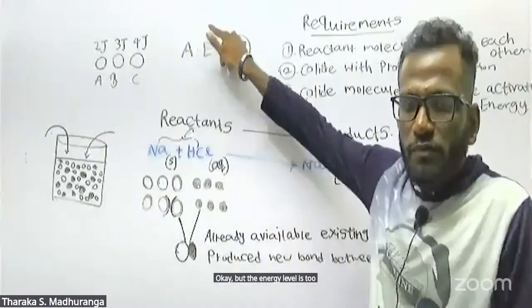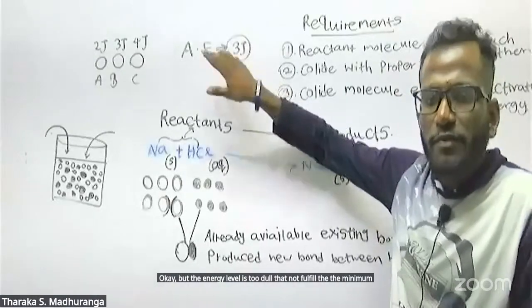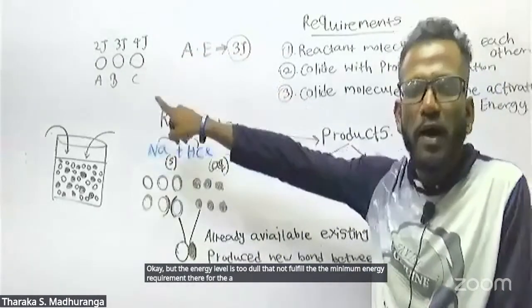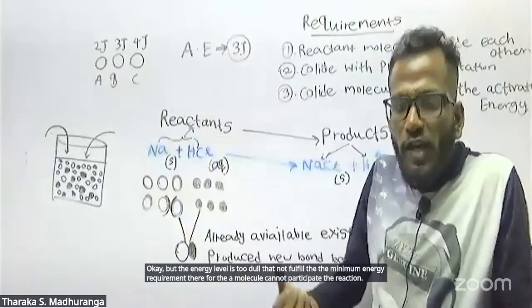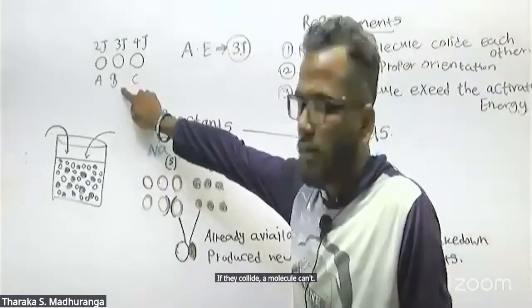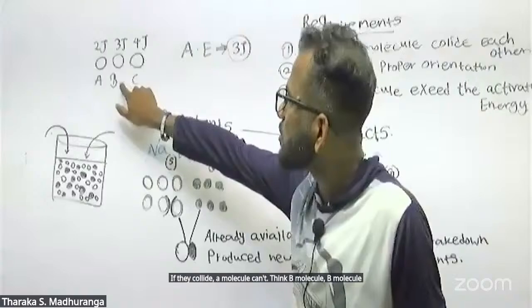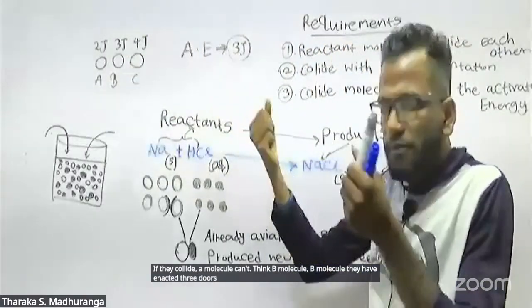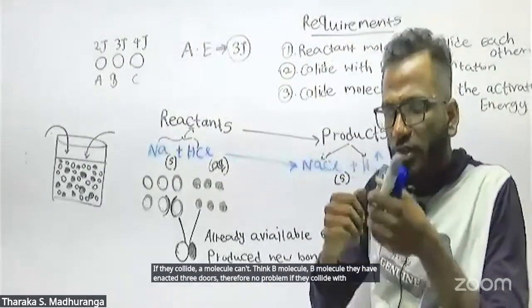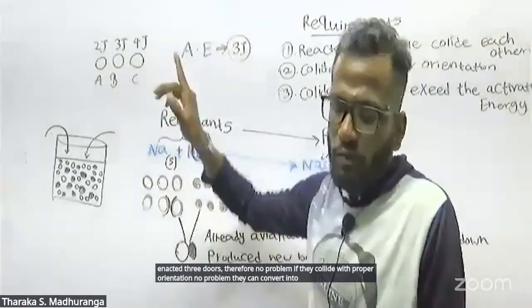That does not fulfill the minimum energy requirement. Therefore, the A molecule cannot participate in the reaction, even if they collide. Think of the B molecule. B molecules have energy 3 joules, therefore no problem. If they collide with proper orientation, they can convert into product. C molecule, no problem either.